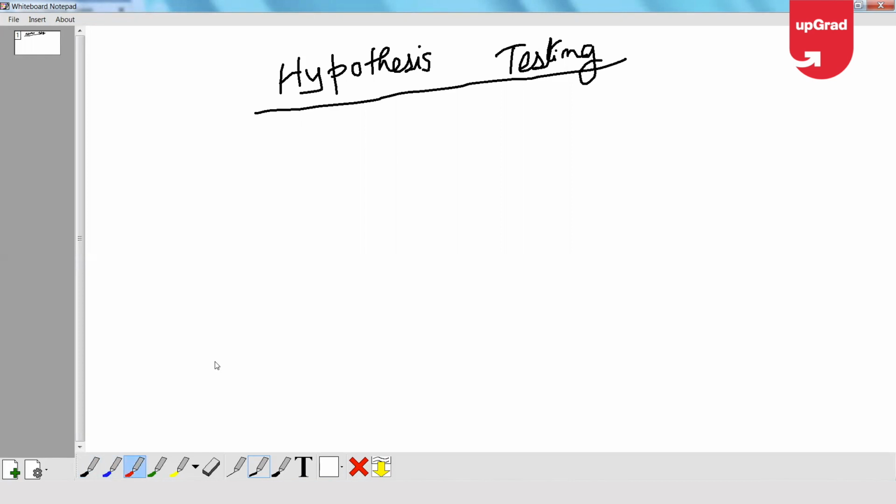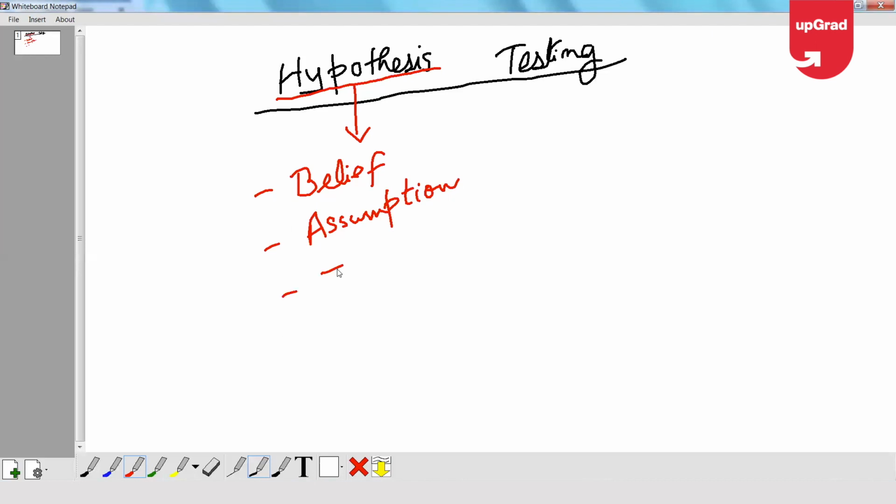If we try to dig deeper, hypothesis means what? Some kind of belief, some kind of assumption, some kind of intuition.